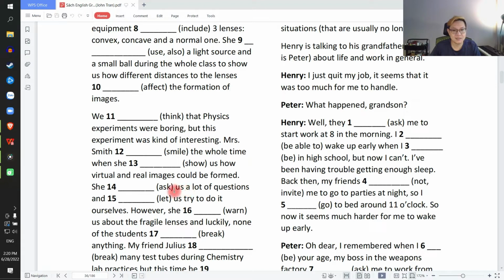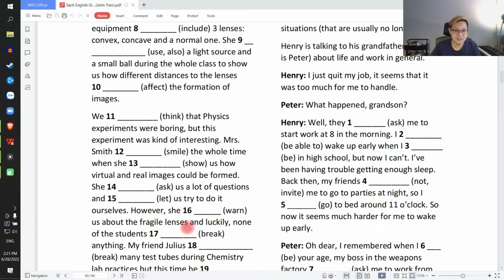She asked us a lot of questions and let us try to do it ourselves. However, she warned us about the fragile. Cái này có thể là y ngắn hoặc là fragile cũng được. Fragile.